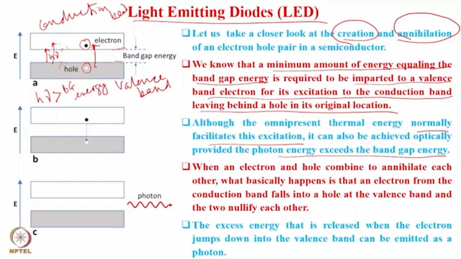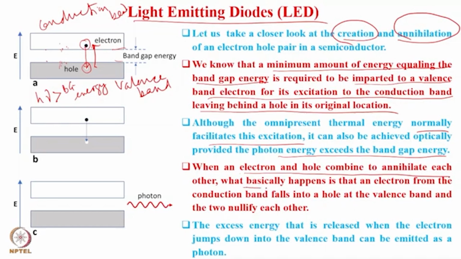Similarly, when an electron jumps down to the valence band, the electron and hole combine and annihilate each other.